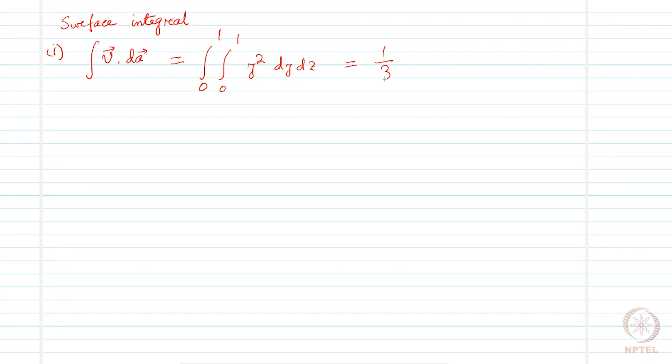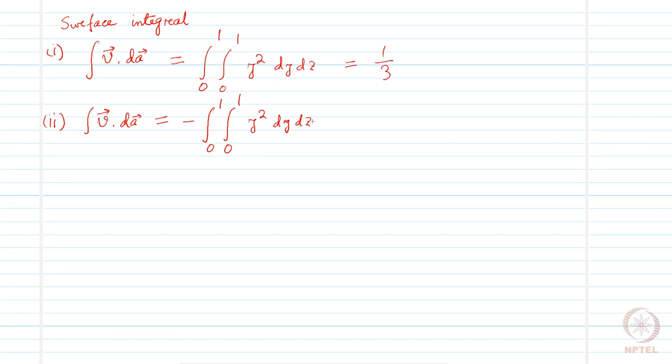On surface 2, we will have the integral of V dot dA, and that is minus integral 0 to 1, integral 0 to 1 of y square dy dz, just because we have the direction of this surface element in the opposite sense.